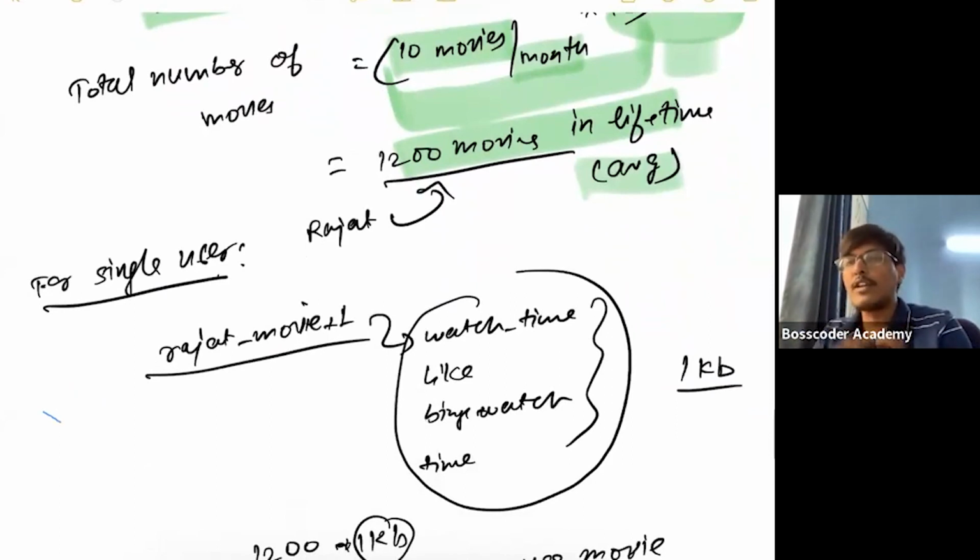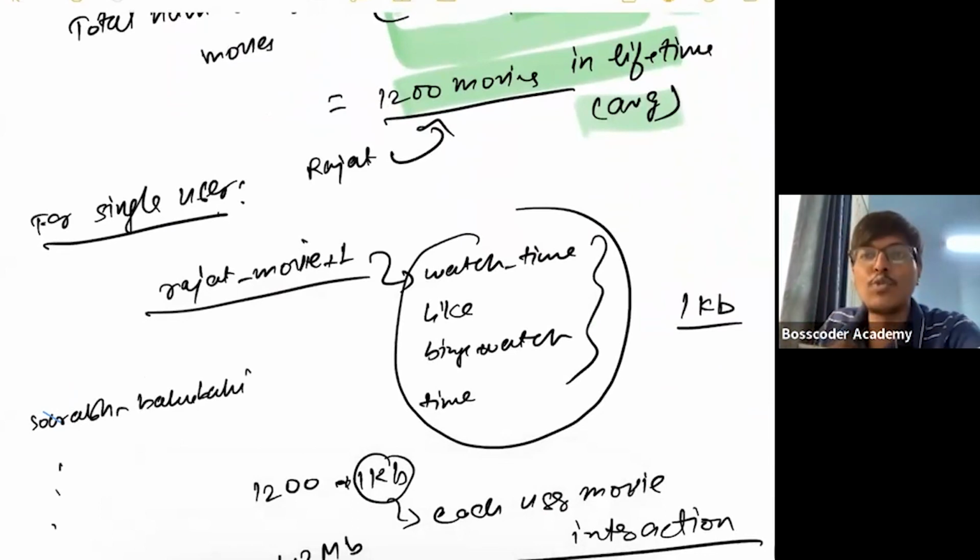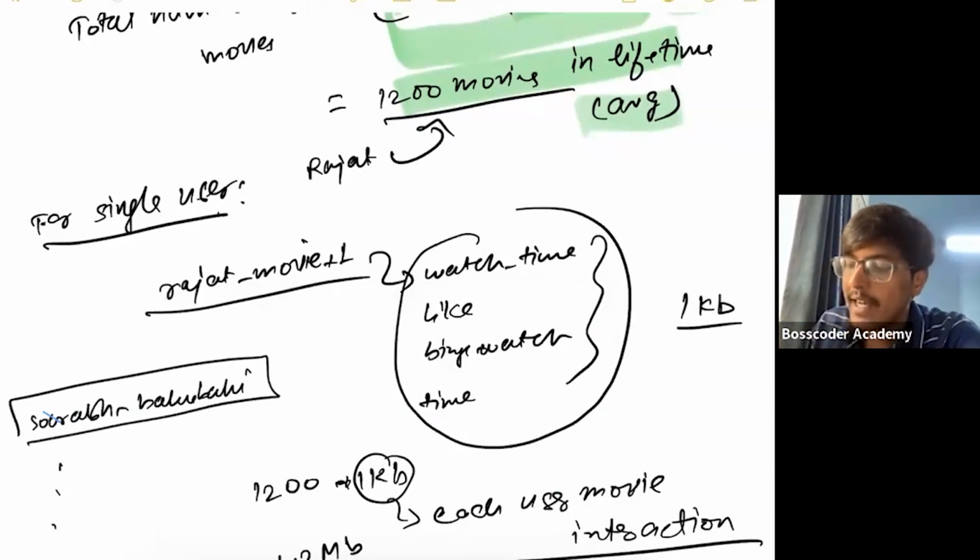So now every user is watching 1200 movies in his or her lifetime. With every movie, you are storing some interaction. For example, Saurav, you might have watched Bahubali. And similarly, on an average, you have watched 1200 movies more. For every movie, you might have some interaction. For example, how much time did you watch this movie?